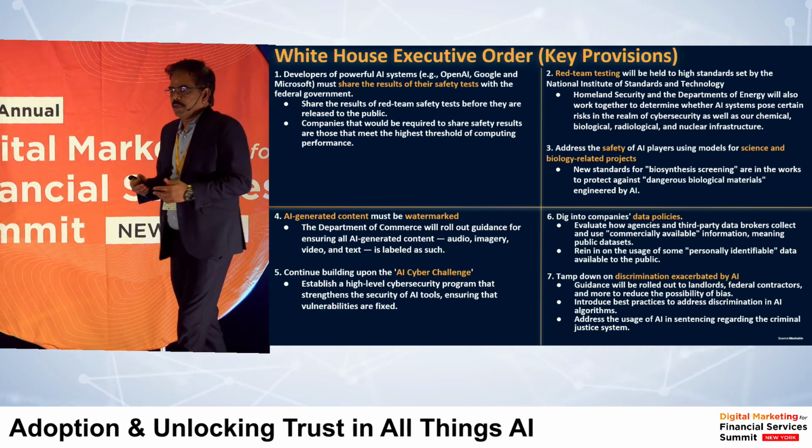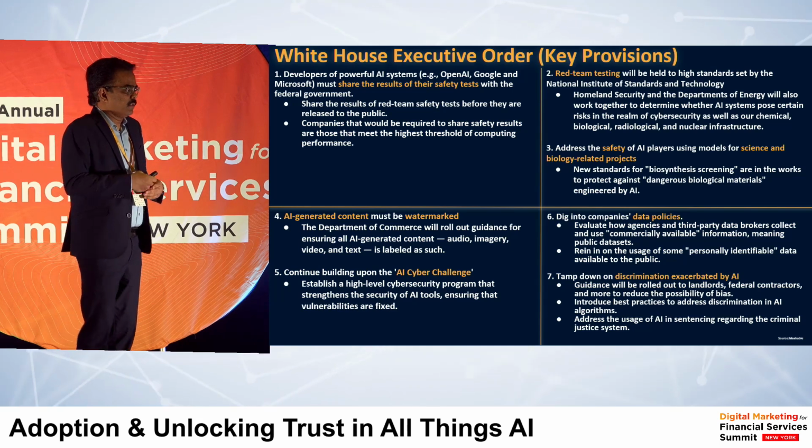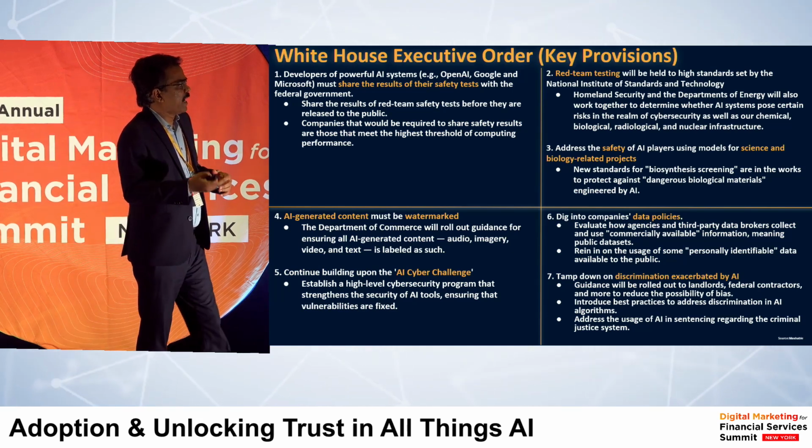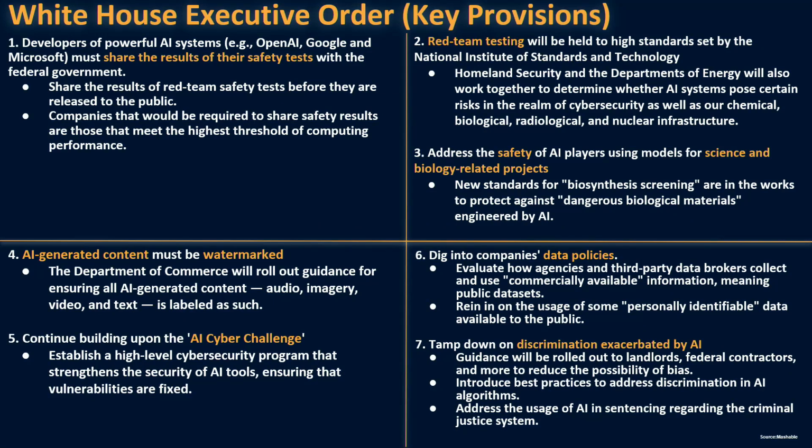Red teaming is nothing but ethical hackers posing as bad actors and trying to check the security and safety of this digital entity. So that is one aspect where they have to share what kind of testing they have done with red teaming. And also, in terms of science and biology-related projects, what kind of safety measures they have taken.